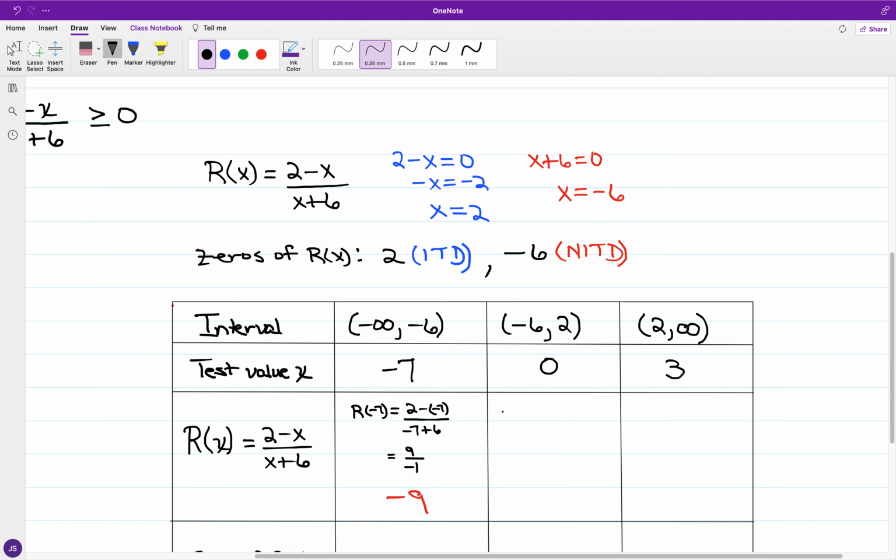And for r of 0, you have 2 minus 0 all over 0 plus 6. So you have 2 minus 0 is 2, 0 plus 6 is 6, and 2 sixths is reducible to positive 1/3.